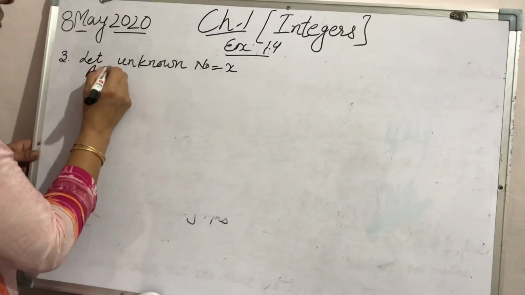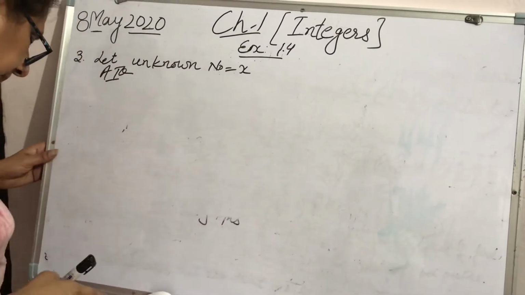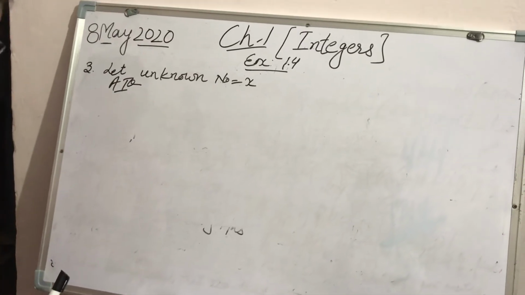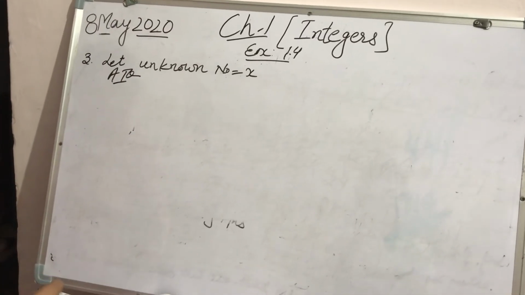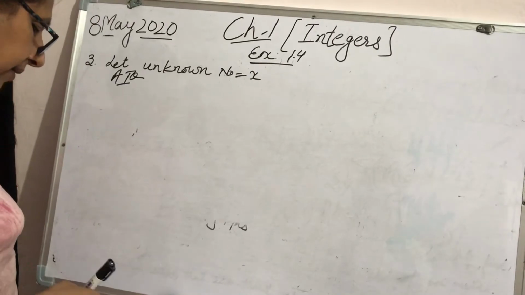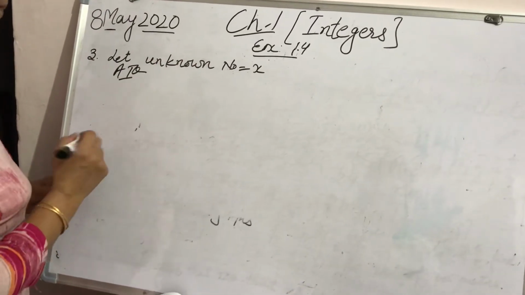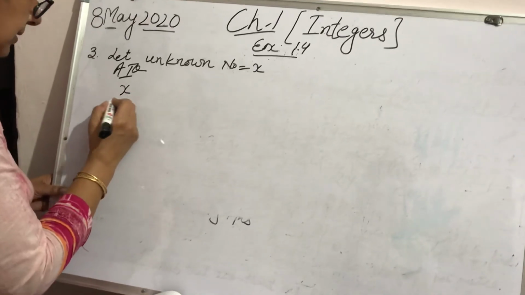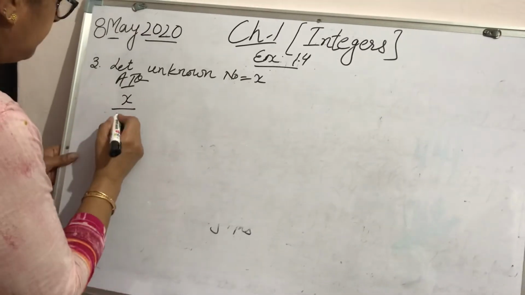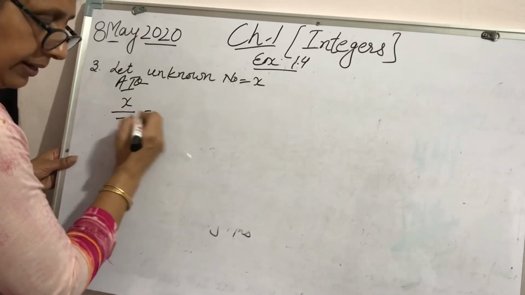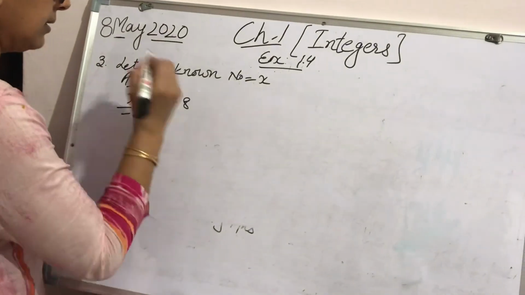So what is the question? The quotient obtained on dividing an integer by -9. So this number will be divided by -9. So x divided by -9 is -8.